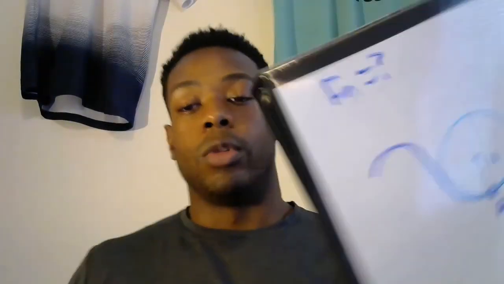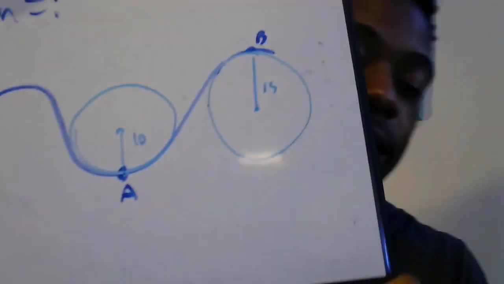So of course we're looking at this pretty picture. We know that speed at point A is going to be 20 meters per second. We also know our mass is going to be the 600 kilograms. We've got all that.